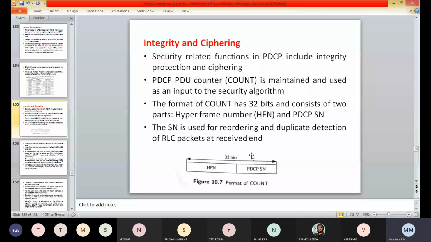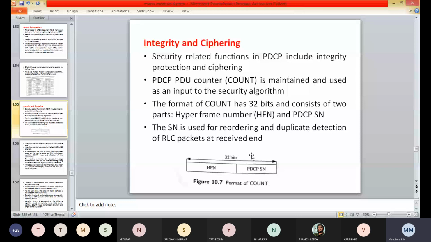The receiver calculates the message authentication code on the received message using the same parameters and algorithms which are used by the sender. If it fails the integrity check, the PDCP PDU will be discarded. The count is 32 bits, which is divided into HFN and PDCP SN.